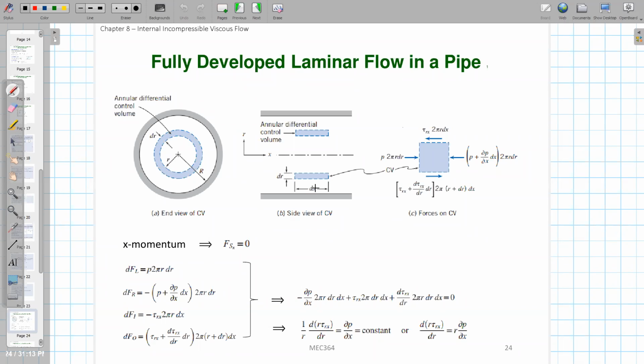Fully developed means the velocity profile is the same and won't change in the x direction, so how much momentum flows in from the left is equal to how much momentum flows out from the right. So the surface integration for the momentum flux is also gone. The only thing left is that the surface force in the x direction will be 0 for these cases.